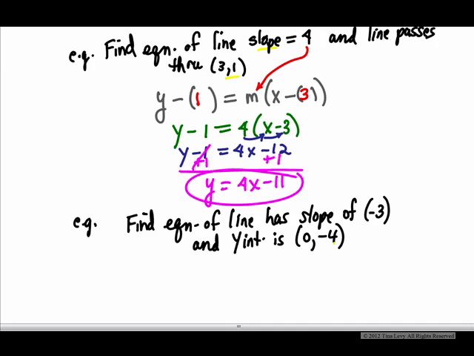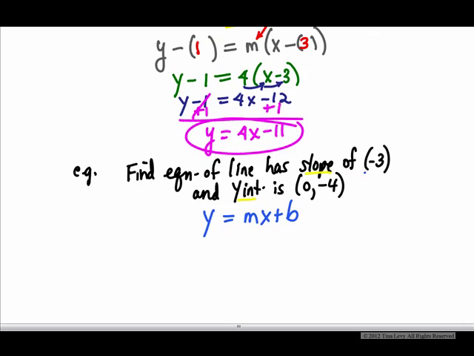In this one, I'm given the slope, but I'm also given the y-intercept, so there's no need to use the point-slope form. I'm just going to use the y equals mx plus b form. In this case, we know the slope is negative 3 and the b value is negative 4. The equation of this line directly is y equals negative 3x minus 4.